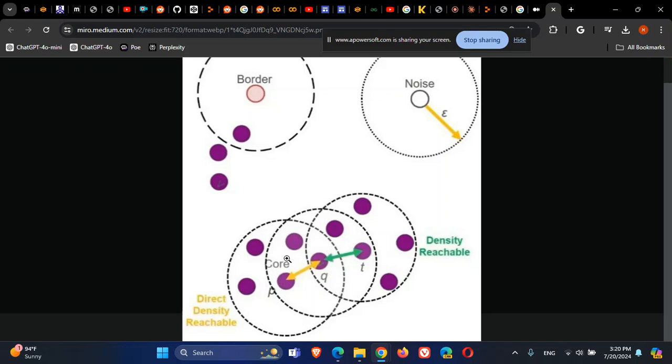Now I can get from this core point to that core point throughout this point. So I can say that this core point and that core point are density reachable.